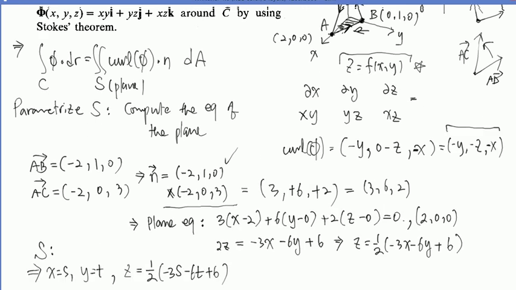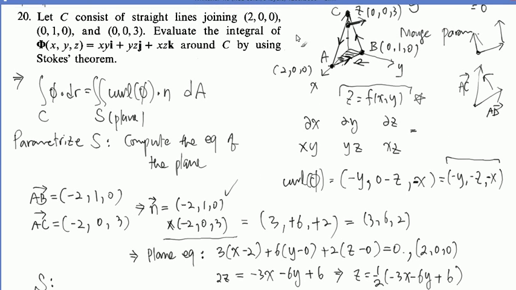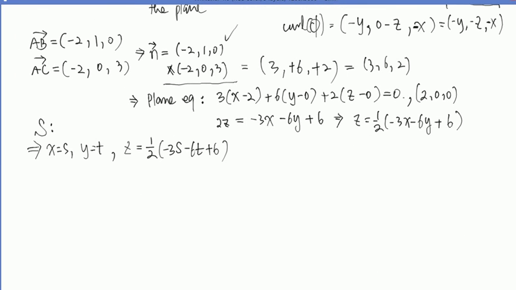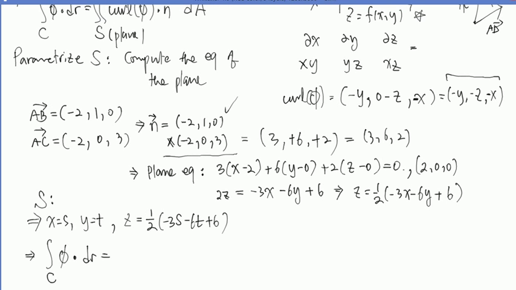What we are asked to compute here is a line integral. The line integral around that oriented curve C of F dotted with dr is, by Stokes' theorem, what is it?